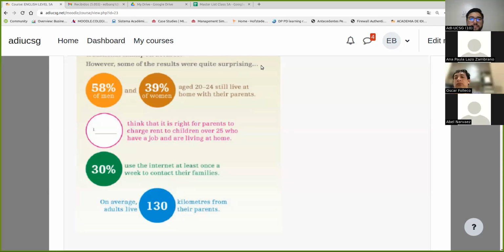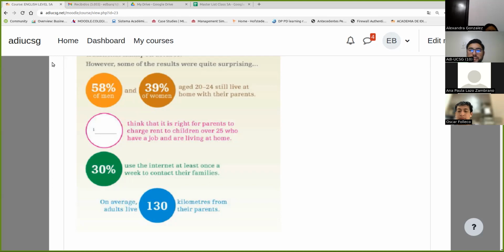Nobody pays the rent. Who helps to pay the services, maybe? Maybe you're in charge of paying the water, the electricity, internet. All right, we have one. Very nice. Thank you, Alexandra, for sharing this with us.